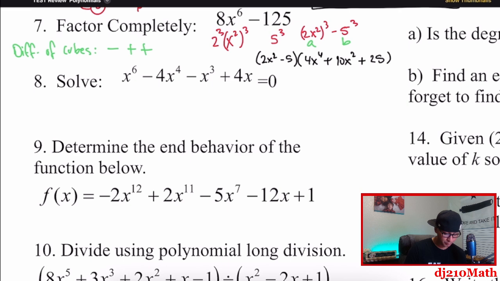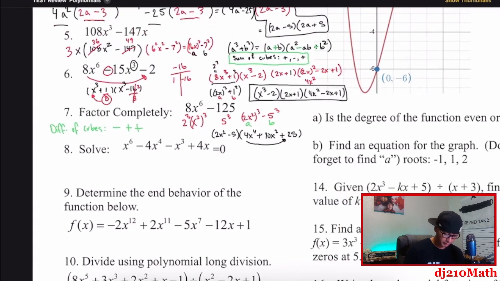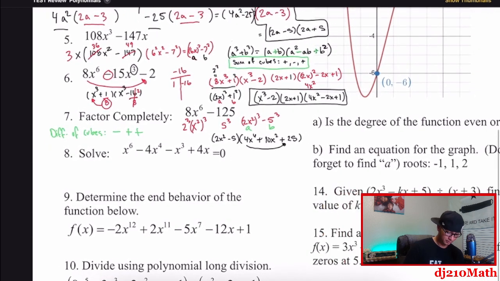So let's think about it. Multiples of 100, because 4 times 25 is 100, that add up to 10. We've got 1 and 100, 2 and 50, 4 and 25, 5 and 20, and then 10 and 10.